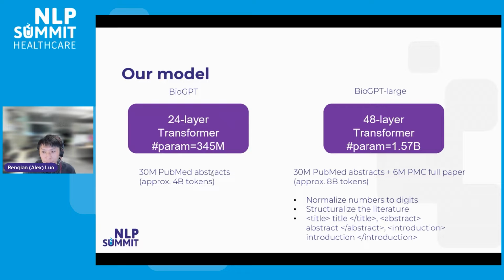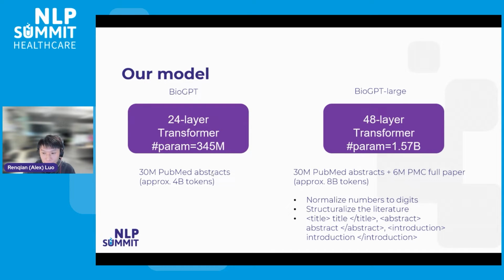We also apply some additional techniques to the training and the data. For example, what we want to mention is that research papers are different from general text. Research papers are always well organized and structured because they have a very clear structure with title, abstract, introduction, methods, experiments, and conclusion.